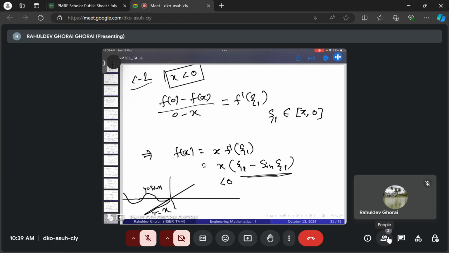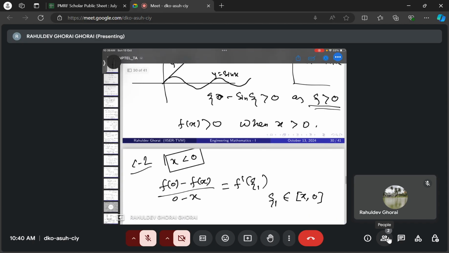So sin x will be bigger when x is less than 0. That's why x minus sin x will be less than 0. So here xi is a negative number because xi belongs to (x, 0), I mean xi is less than 0. So this one will also be less than 0. Less than 0 and less than 0 will make f(x) greater than 0.